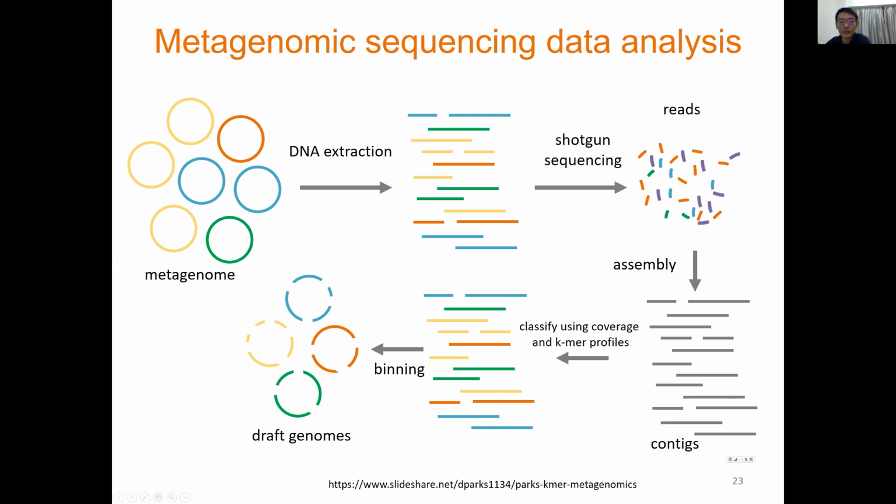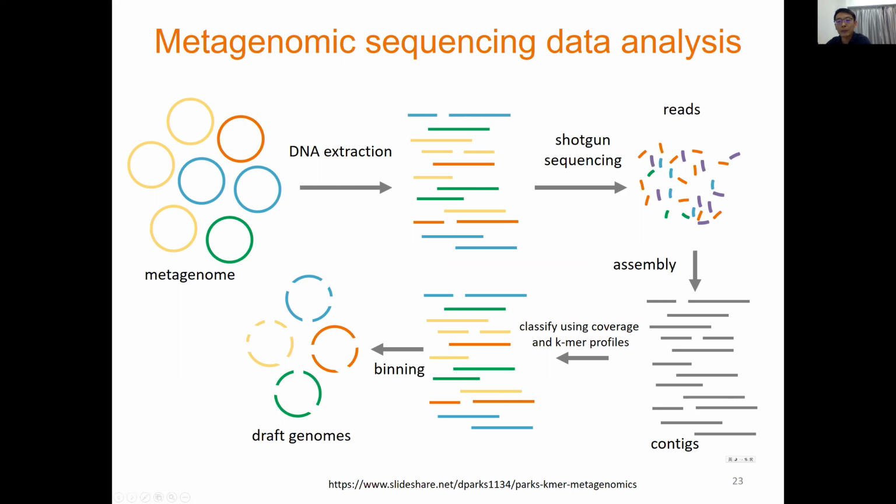Based on this information, we can group, and also we can calculate the k-mer profile. What the k-mer means is a few base pairs. For example, the k can be 6, 4, or 10. We can calculate the k-mer profile to group the contigs, and we also can calculate the GC value.